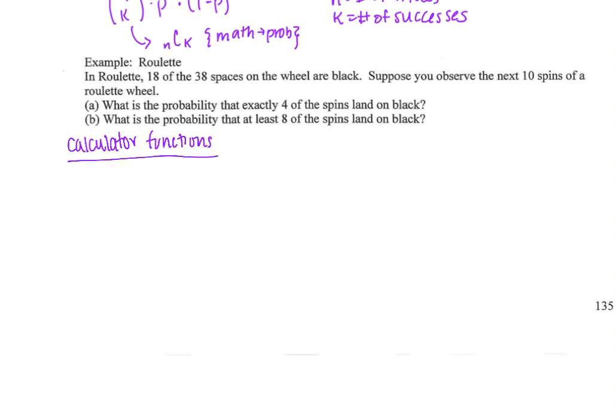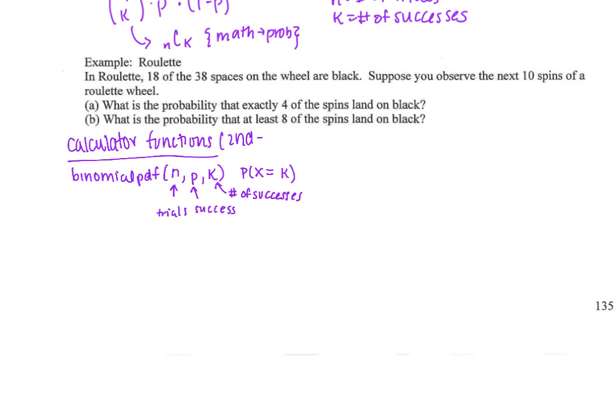The first one is binomial PDF. And you plug in n, p, k. That is for probabilities where it's x equals a number, where n is the number of trials, p is the probability of success, and k is the number of successes. That can be found in the second VARS menu.